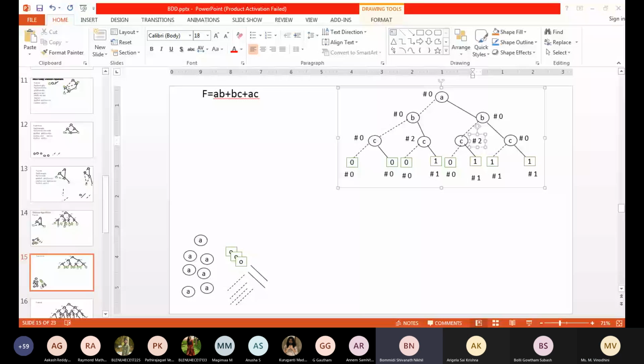Vamsi Krishna. Yes, ma'am. What is the last one? Vamsi Krishna: 2, ma'am. Okay, this also 2. Check it properly.